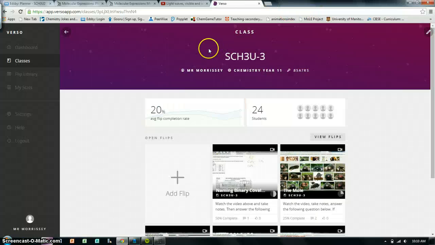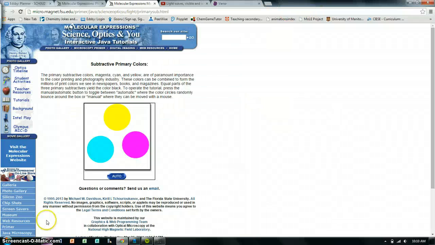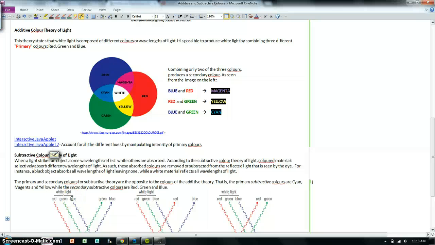Mine's not working, I'm going to have to update this, but you can play around with that one and see that you can use different amounts of red or blue to get different shades of purple. This is where we get things like orange and indigo when you start combining different amounts. So that's the additive color. As you add these colors together in air, they combine to create new colors.